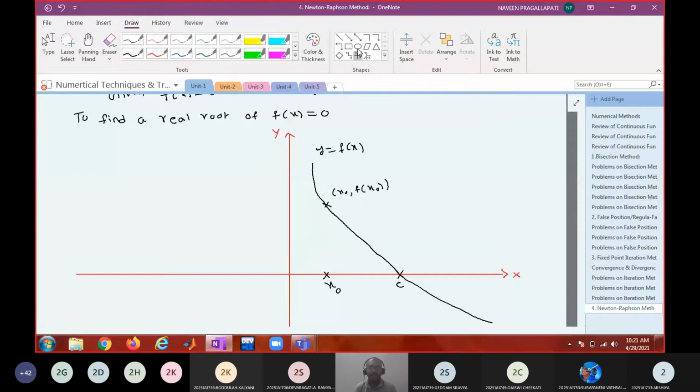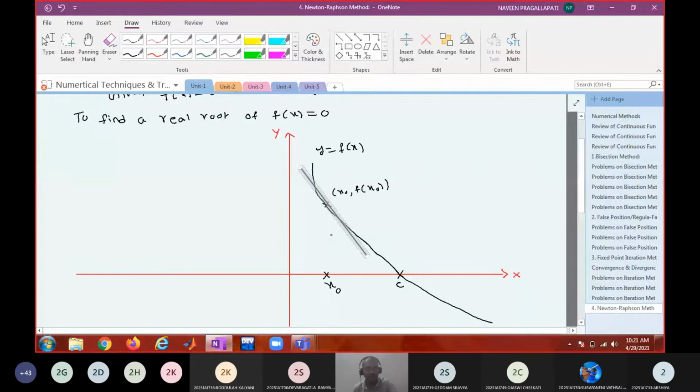Okay, so draw a tangent to the curve at the point x naught comma f of x naught.